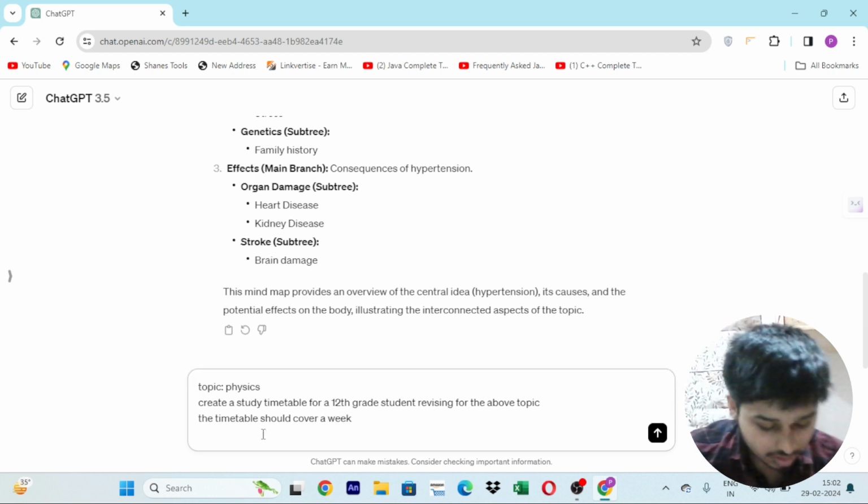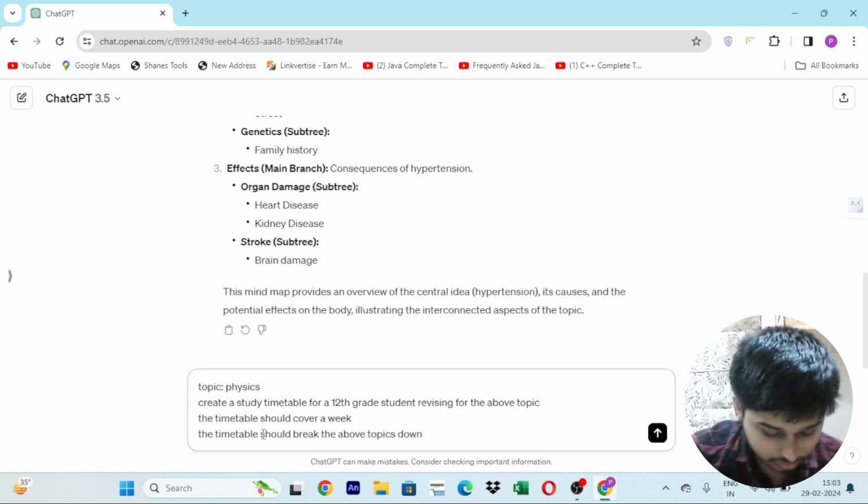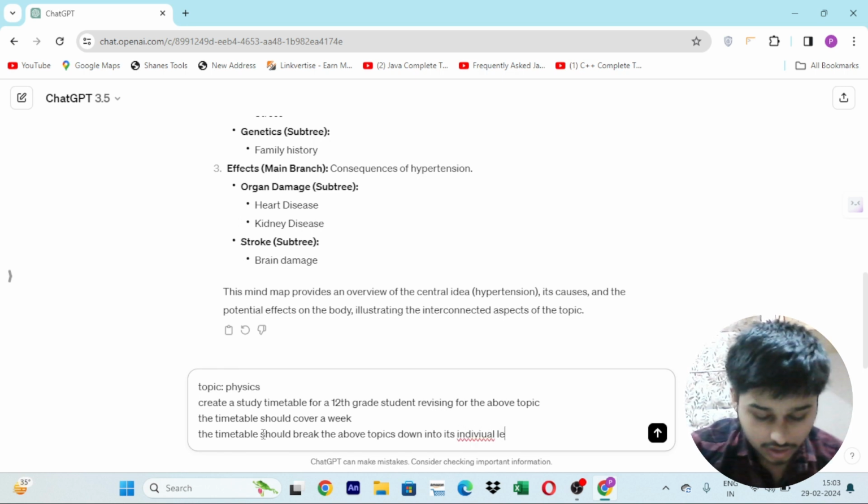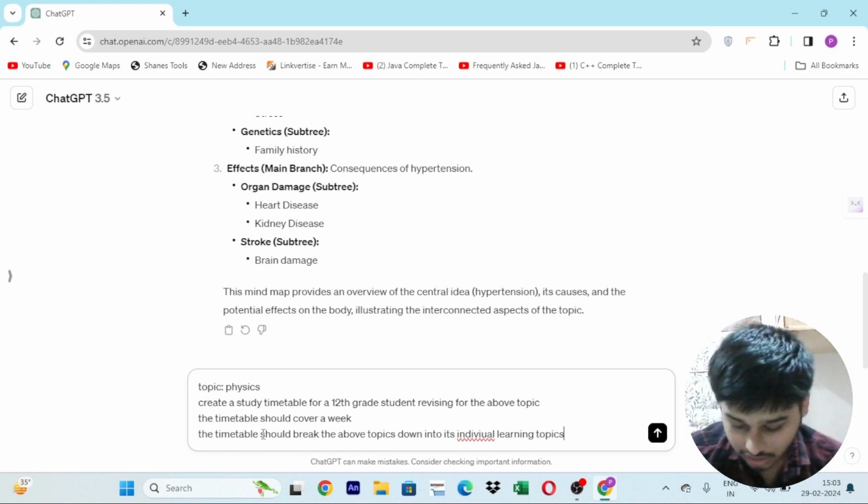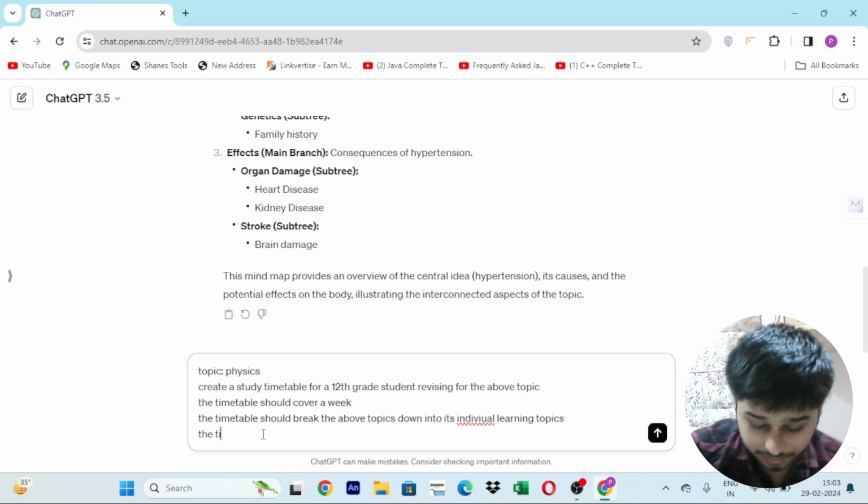Shift next, then the timetable should break the above topics down into its individual learning topics. And shift next, the timetable.